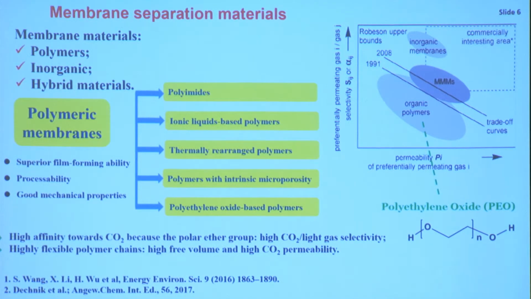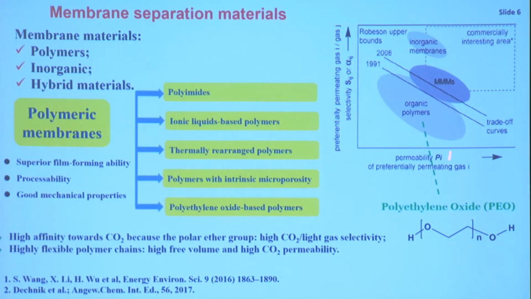For the membrane separation materials, there are several types: polymers, inorganic, and hybrid materials. For the polymeric membranes, there are several polymers, and here polyethylene oxide is a hot topic. It is also called PEO.